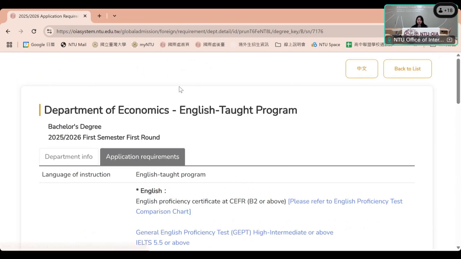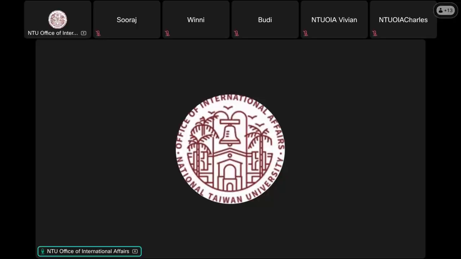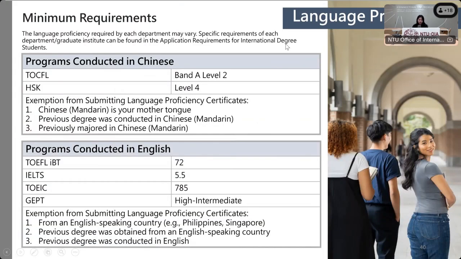So next, we can go back to the PowerPoint. Now is the language proficiency requirements. As I just mentioned, some departments may require language proficiency. For the minimum requirements, if you are applying for programs conducted in Chinese, you will need to submit a Chinese proficiency certificate such as the FRA2, which corresponds to level 2 in TOCFL and level 4 in HSK.